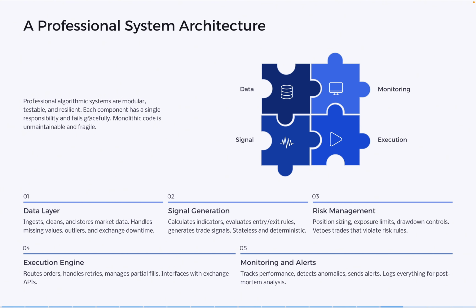And then the second in your architecture would be signal generation. In this component you calculate your signals, evaluate your entry and exit rules, and then generate trade signals, right? Then risk management is basically position sizing, exposure limits, drawdown controls, and all those things.